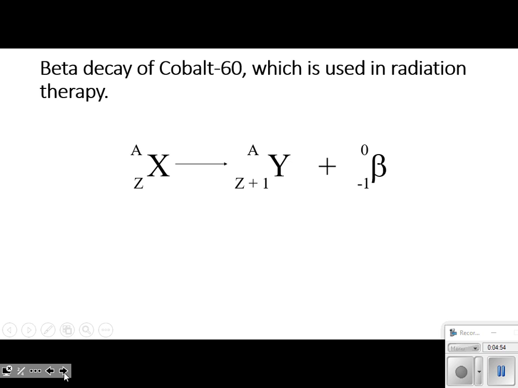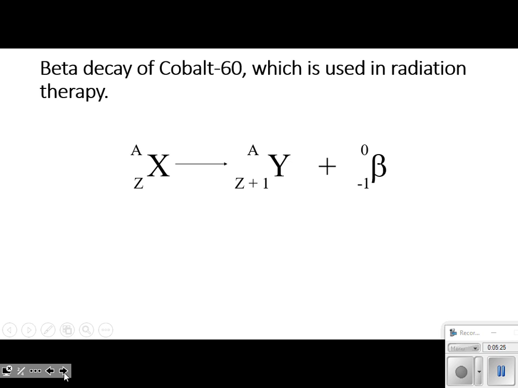My Z is increasing by 1. Okay? So what does that tell me? Well, it tells me in beta decay that I am taking a neutron and it is changing to a proton.